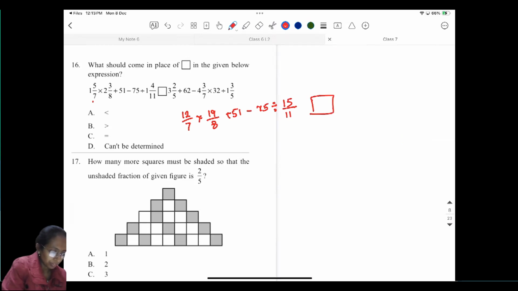And this is 17 by 5 plus 62 minus 31 by 7 into 32 divided by 8 by 5. So first of all, we need to simplify the division by the rule of BODMAS. So 12 by 7 into 19 by 8 plus 51 minus 75 into 11 by 15. This is giving us 5.